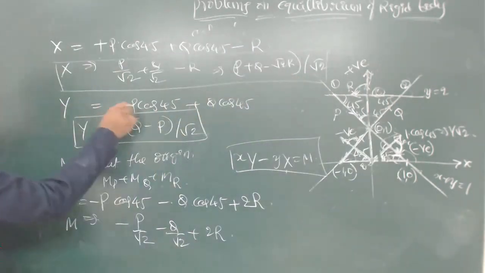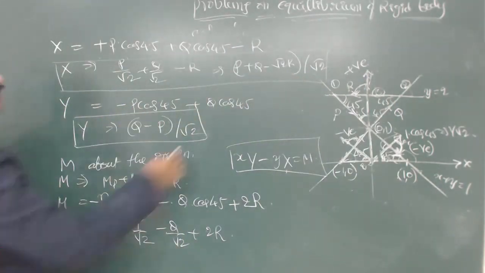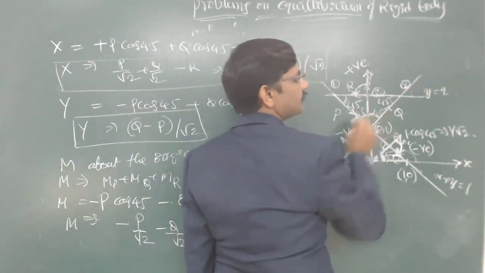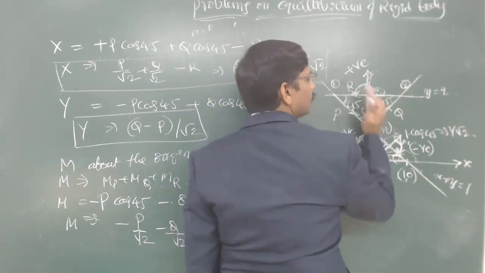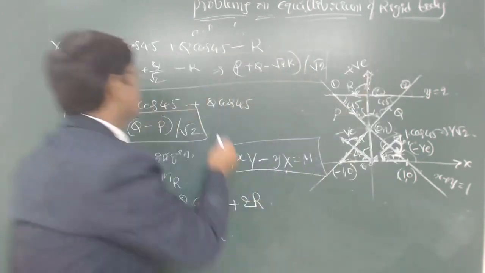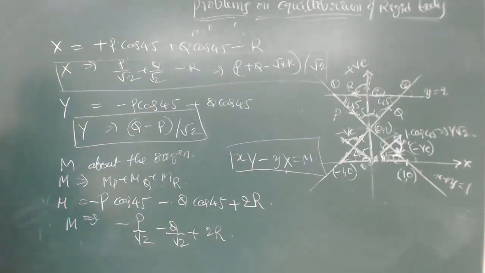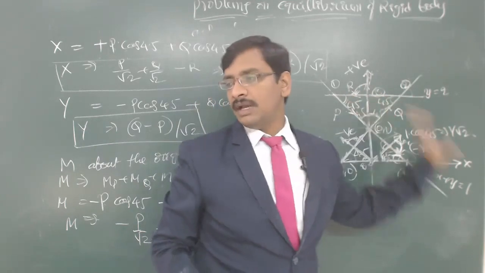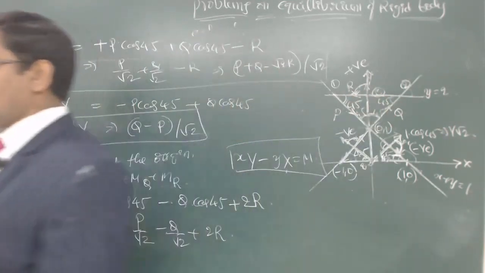So that is minus P cos 45. And Q is in the upward direction and it is making 45 degrees with the y axis. Again Q cos 45 in the upward direction. So this is Q cos 45. Got it? R is not in the y direction. It talks about only the x direction. Hence you can ignore the R value for y.